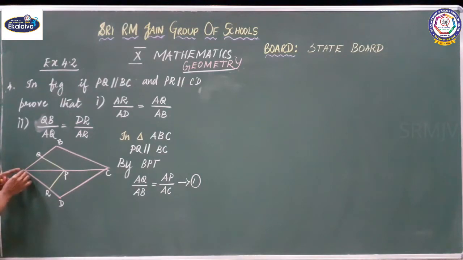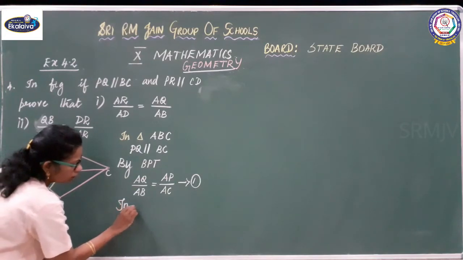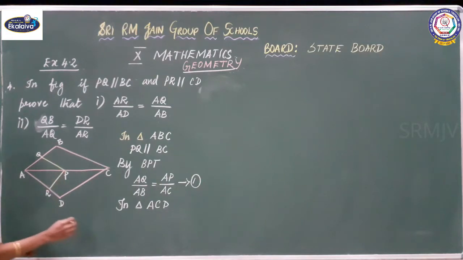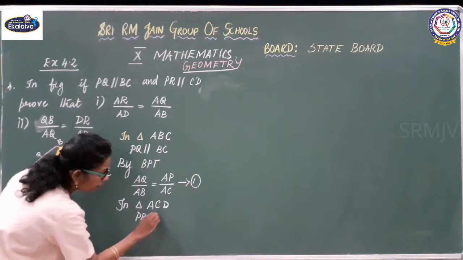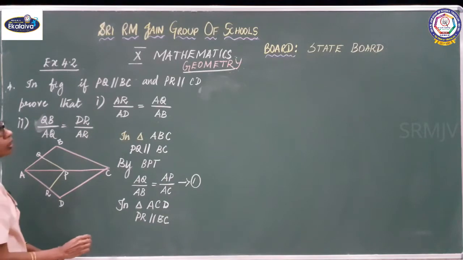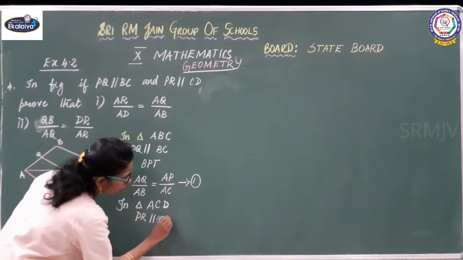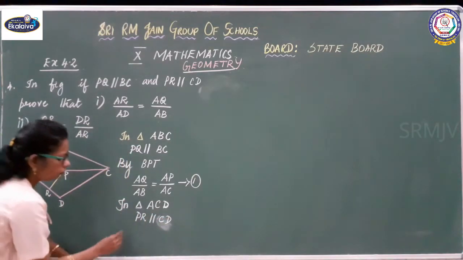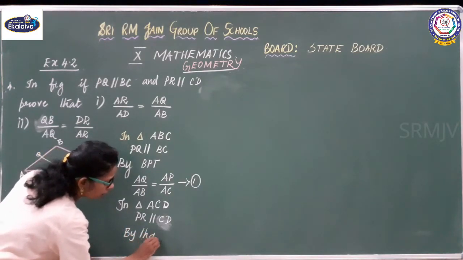Next, in triangle ADC, PR is parallel to CD. It is given in the question, right? Since it is parallel, you can use Thales theorem or BPT.